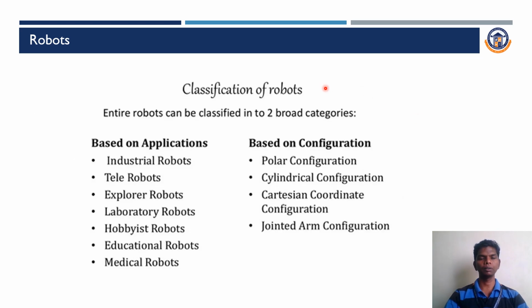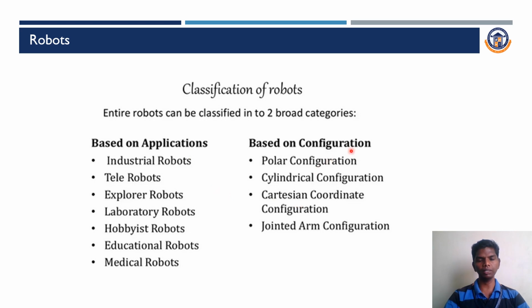Robots are mainly classified based on application and based on configuration. Based on application, they are called industrial robots, telerobots, polar robots, laboratory robots, hobbyist robots, educational robots, and medical robots.